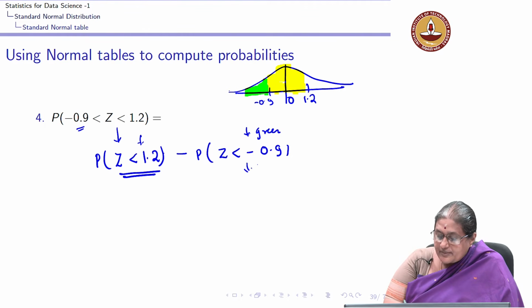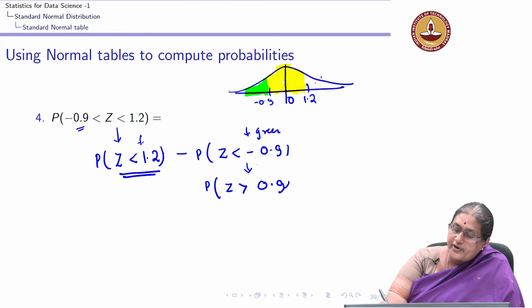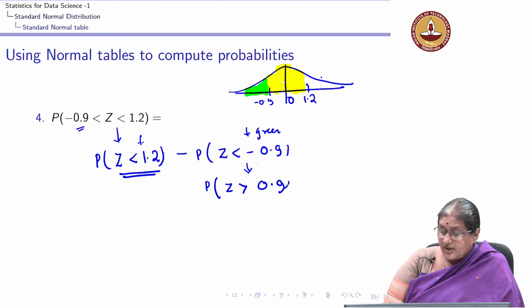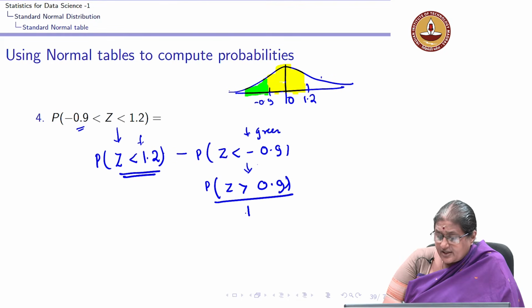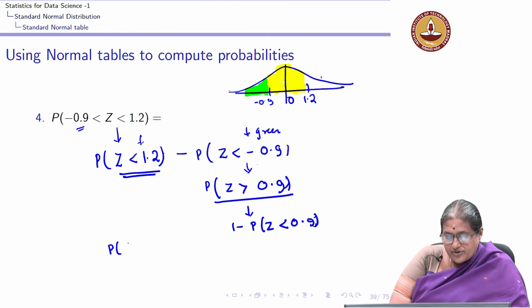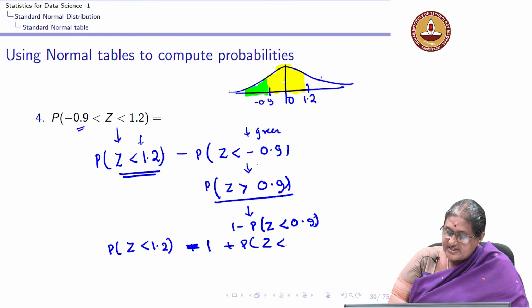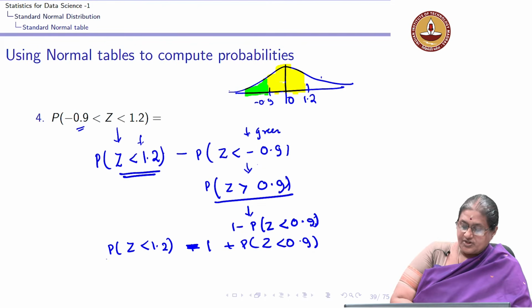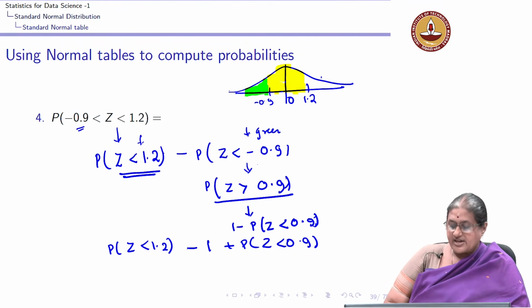For z less than 0.9, I recognize that the probability z is less than 0.9 is the same as z greater than 0.9 by symmetry. To get z greater than 0.9, I have 1 minus the probability z is less than 0.9. So this probability is the same as the probability z is less than 1.2 minus 1 plus the probability z is less than 0.9.